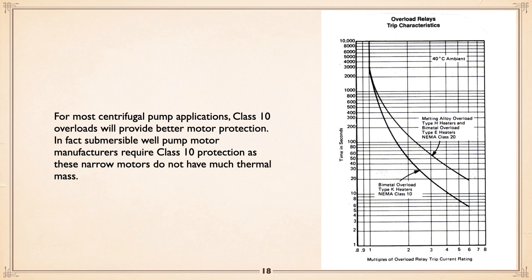At the far right, where there's 6 times, just a hair under 20 seconds, it's tripping, so it's class 20. Now the next one, the same situation except using a class 10 overload, at 6 times the current it will trip in only 6 seconds. So there's the advantage of the class 10. It is quicker tripping, so the motor's not seeing that high current for near the time.